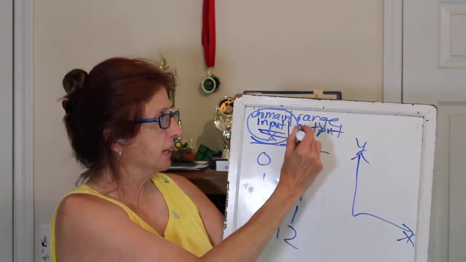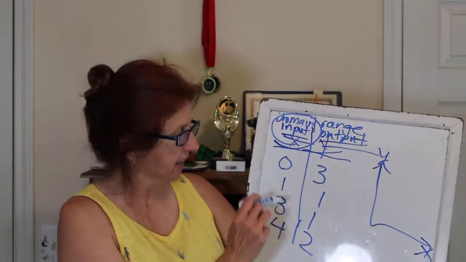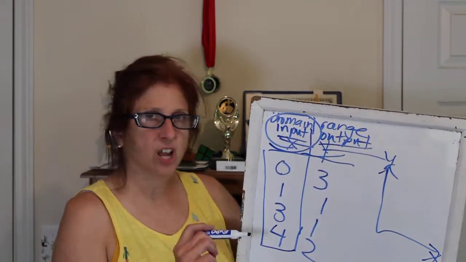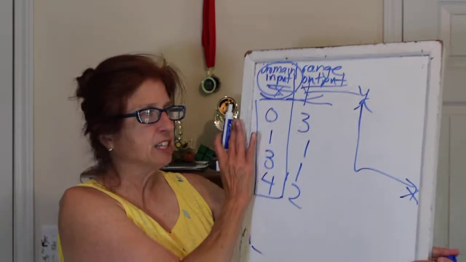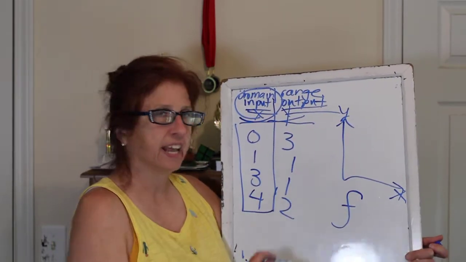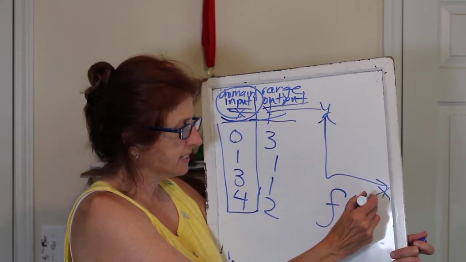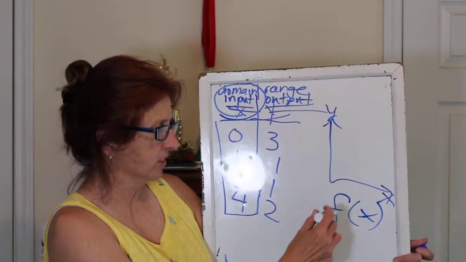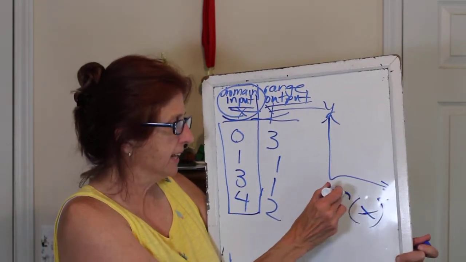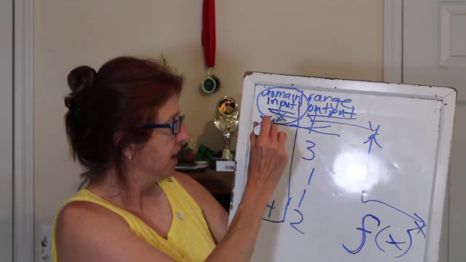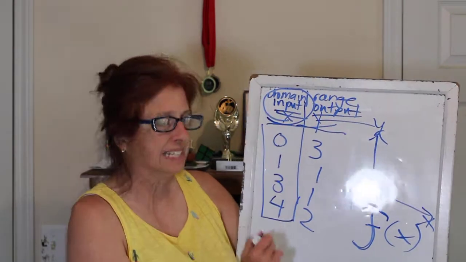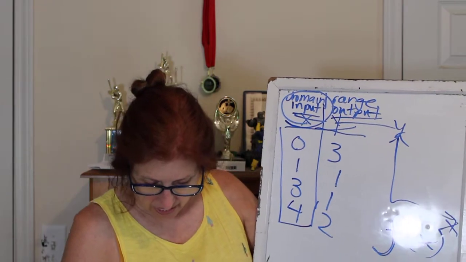Now there's a repeat in the output, but that's okay. The input can have no repeats. Now the symbol for a function is this curvy kind of F, and sometimes it has an X in parentheses after it. It's read F of X. But this would be a function because there's no repeats in the input.